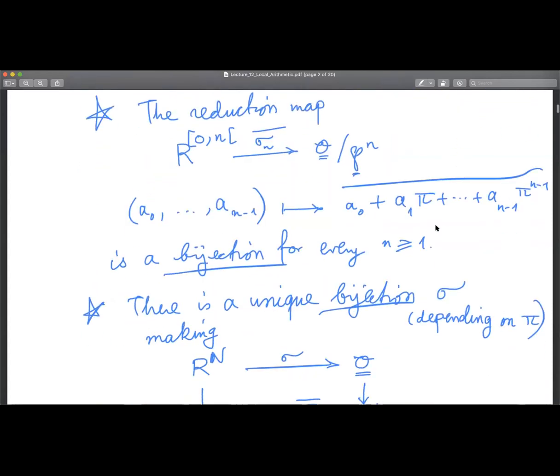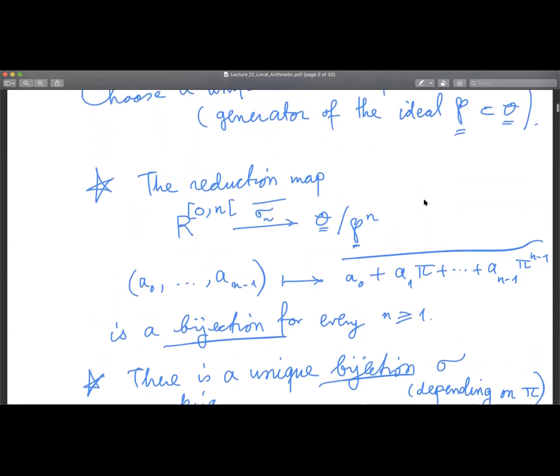Okay, now we have the reduction map not just from R to little k, but for every n, this R to the power n is just the set of all sequences A0 up to An minus 1, where these Ai are in the set R. And this reduction map sigma n bar takes such a sequence to A0 plus A1 pi.